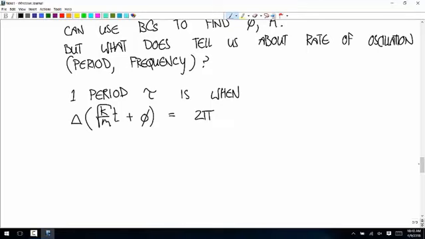And so you can think of that as if you're taking a change and you have all this stuff at instant 2 minus all this stuff at instant 1, and so that phi is going to go away. And what we really want is where square root of k over m times tau is equal to 2 pi.